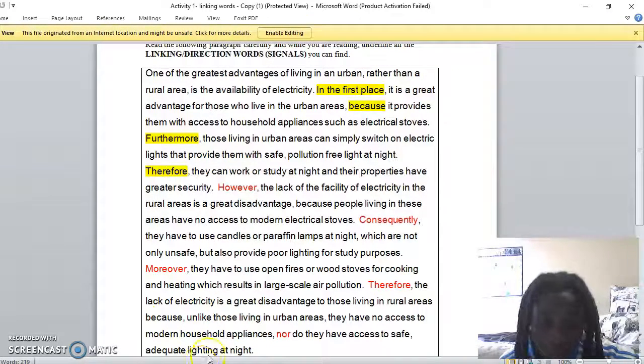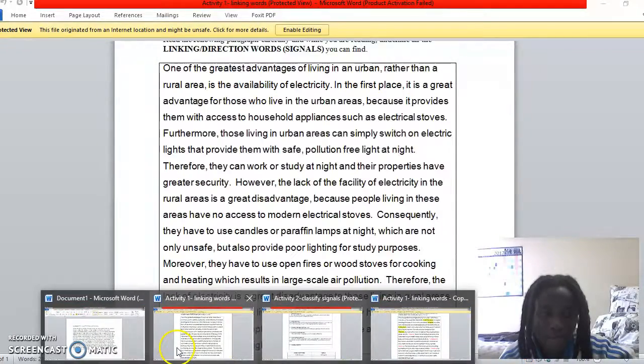Now, when we come to the last logical connector here, it says, "nor do they have access to safe, adequate lighting at night." Who are they? The people living in rural areas. "Nor" is a change of direction. Remember, right?